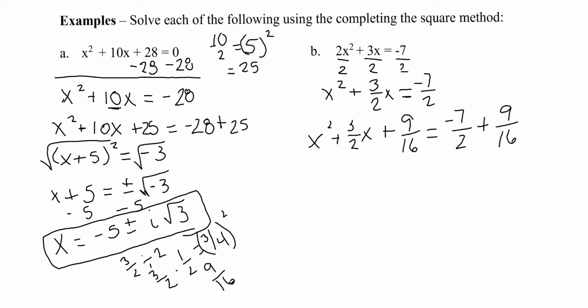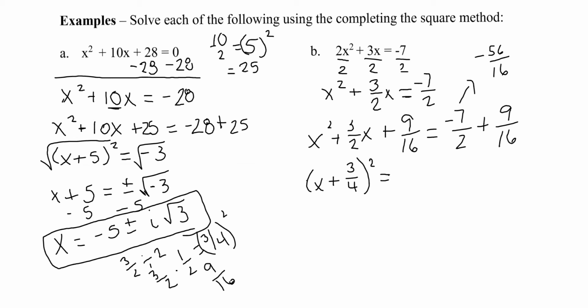Now when I factor the left-hand side, I will get x plus 3/4 squared is equal to, and then on the other side, when I change my negative 7 over 2 to a denominator of 16, that's going to be multiplied by 8, so I get negative 56 over 16.